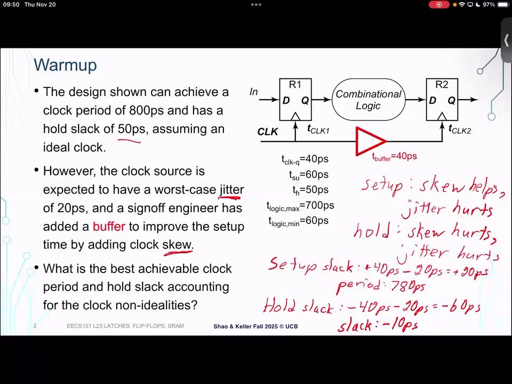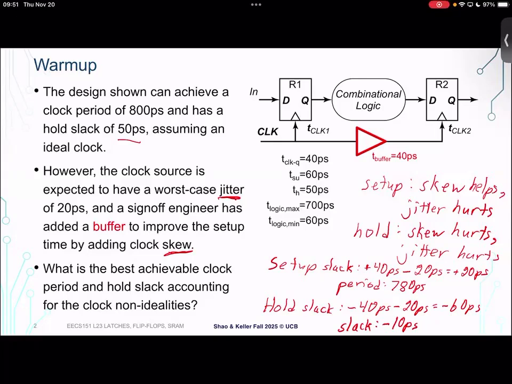Any questions about jitter and skew and clock non-idealities? Yes, one question. Unlike skew, which is deterministic, a non-ideality but one we can analyze for whether it's going to be early or late, jitter by nature varies from cycle to cycle.